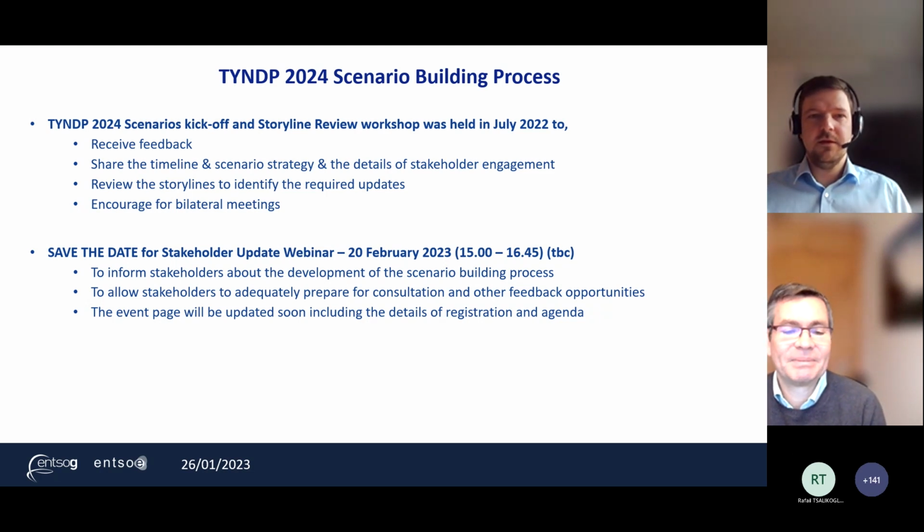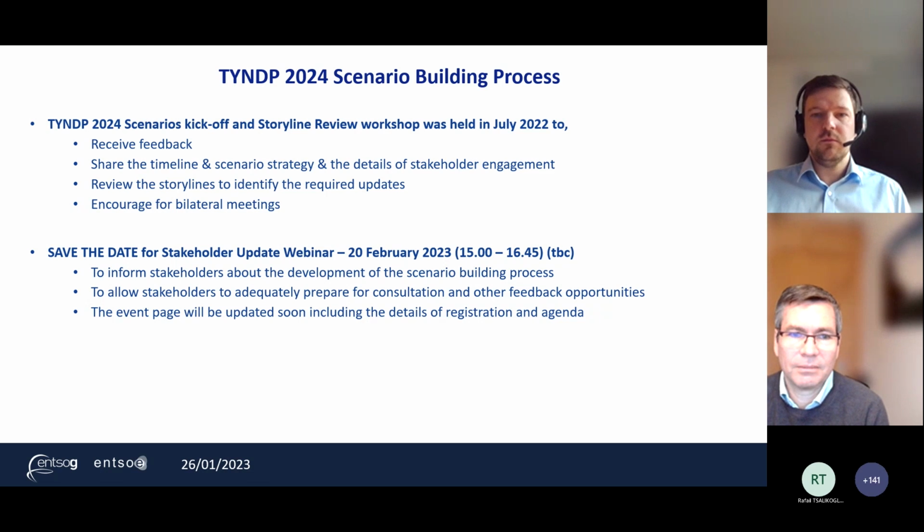Okay, thanks, Alan. So I took control, and now we will look a bit more into detail at what we can already adjust and incorporate in the 2024 scenario cycle, and what elements of the framework guidelines unfortunately need to wait for the 2026 scenario cycle.